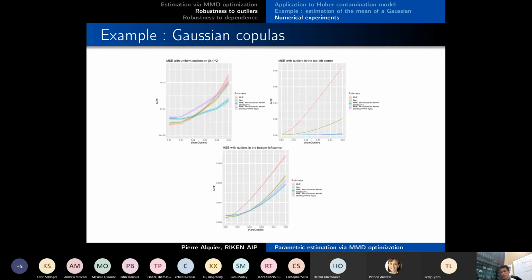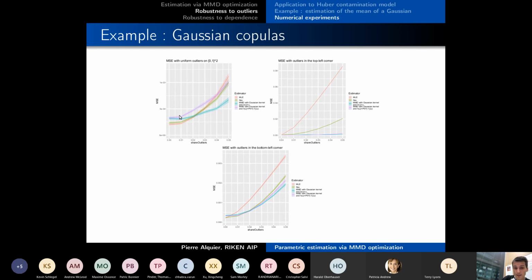However, we studied other models, and I mentioned our paper on copulas, for example. Here it's Gaussian copulas, and the three different graphs correspond to three different types of contamination. The level of contamination is between 0% and 5%.